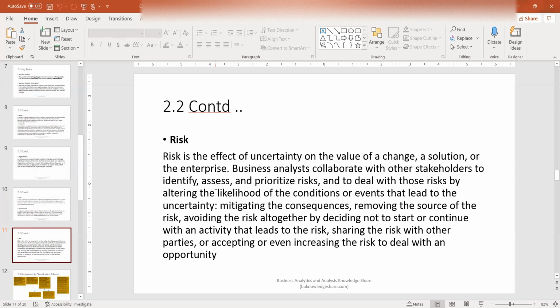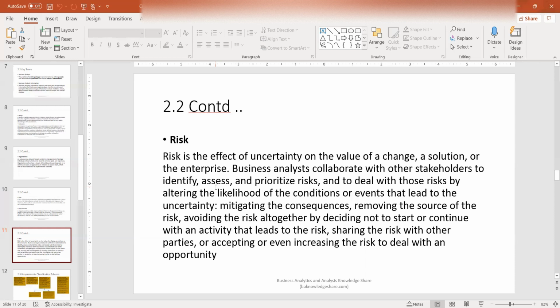Now, every project, everything in life has a risk associated with it. But in terms of business analysis, it's the effect of uncertainty on the value of change, a solution, or the enterprise. Now, you as a BA would collaborate with other stakeholders to identify, assess, and prioritize risks, and to deal with those risks by altering the likelihood of the conditions or events that lead to the uncertainty.